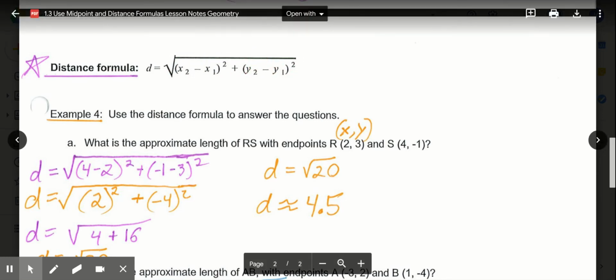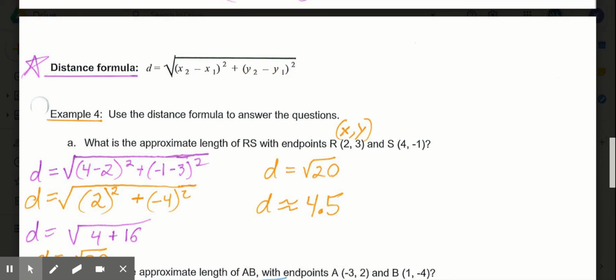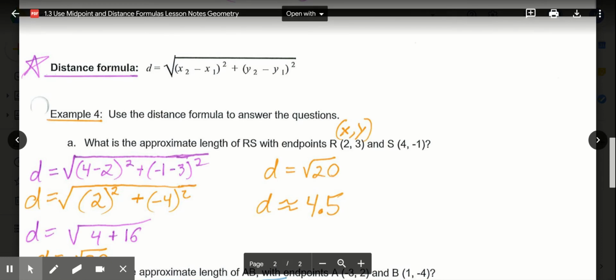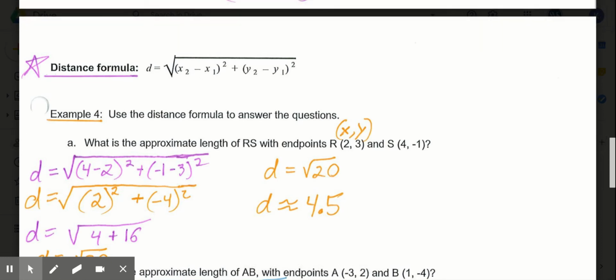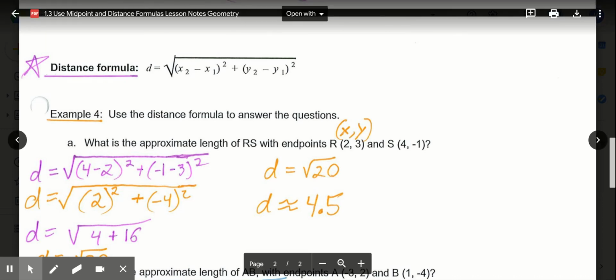And then in parentheses, x sub 2 minus x sub 1, end parenthesis to the second power, plus, in parentheses, y sub 2 minus y sub 1, end parenthesis to the second power. So it's our change in x values squared plus our change in y values squared added together, and then the square root of that whole piece gives us our distance.